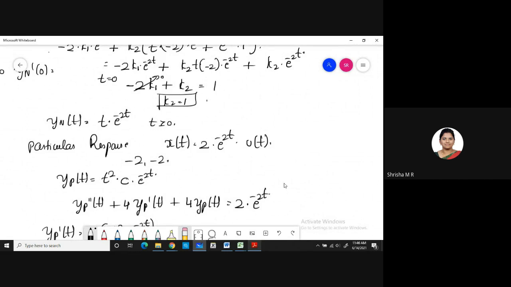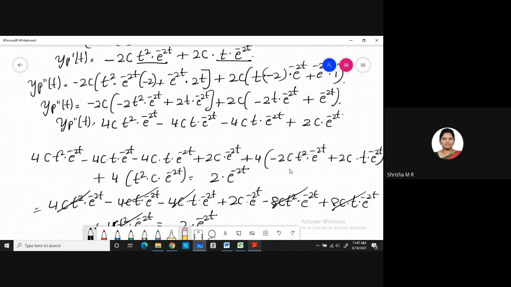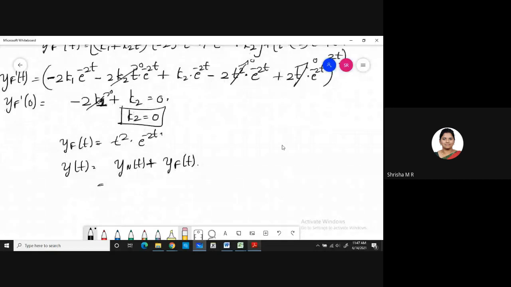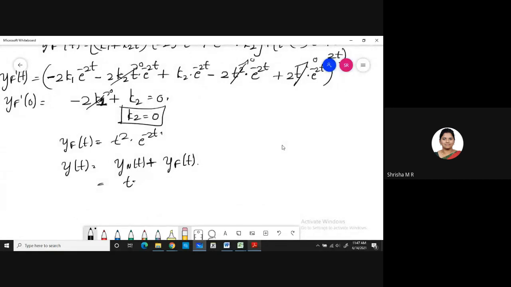Then you add this term of forced response. So it was t into e power minus 2t plus t square into e power minus 2t. Got it, everyone? This is the total response of the system. Is it clear?